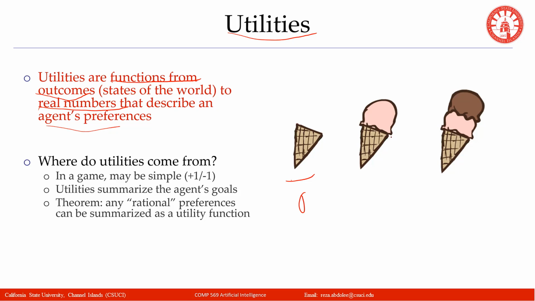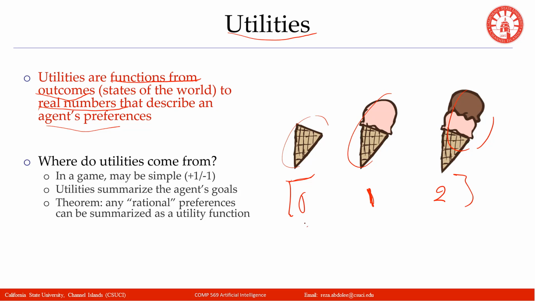And then you could have an ice cream with 1 scoop, so the utility can be defined as 1. And then you can have a utility function that gives the real number 2 when the agent has 2 scoops of ice cream. So basically, this is a function from outcomes to real numbers.